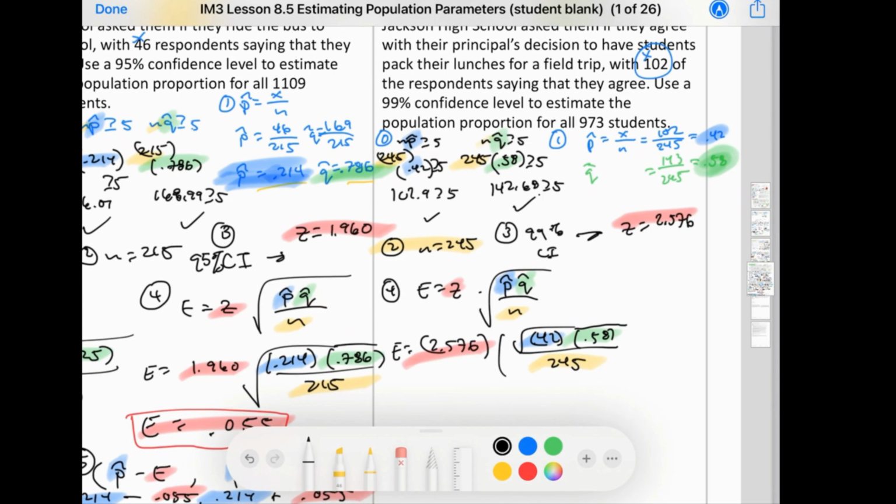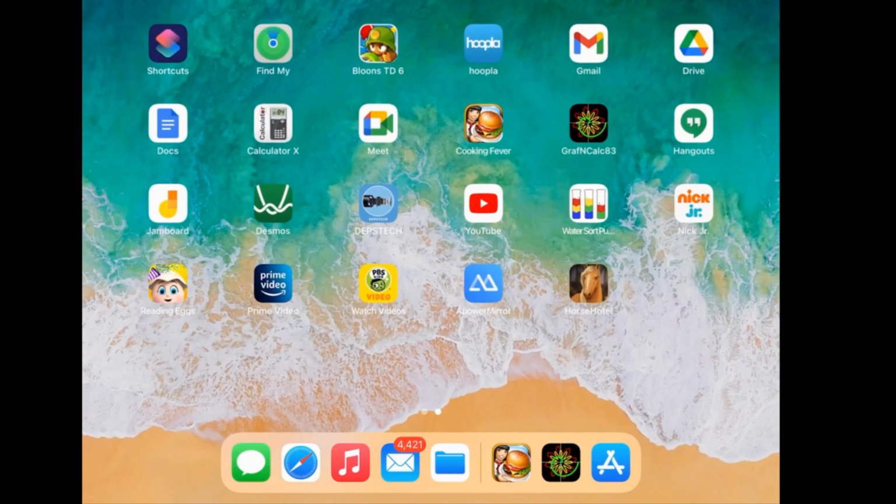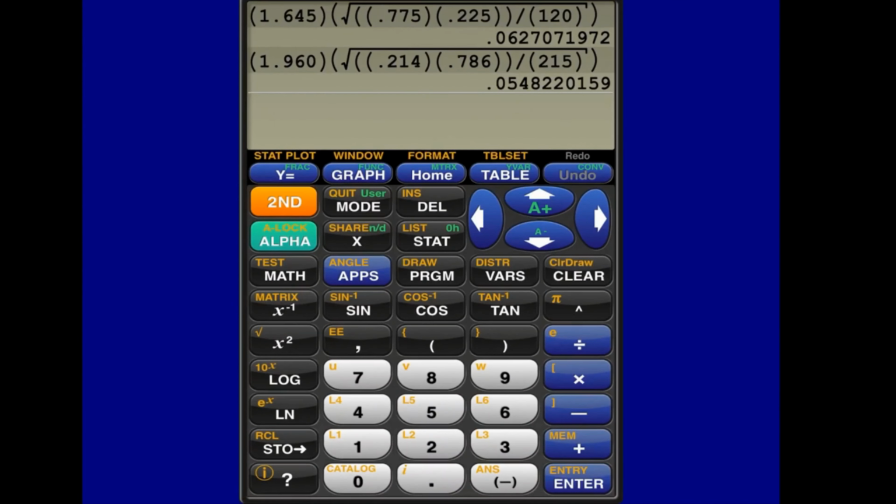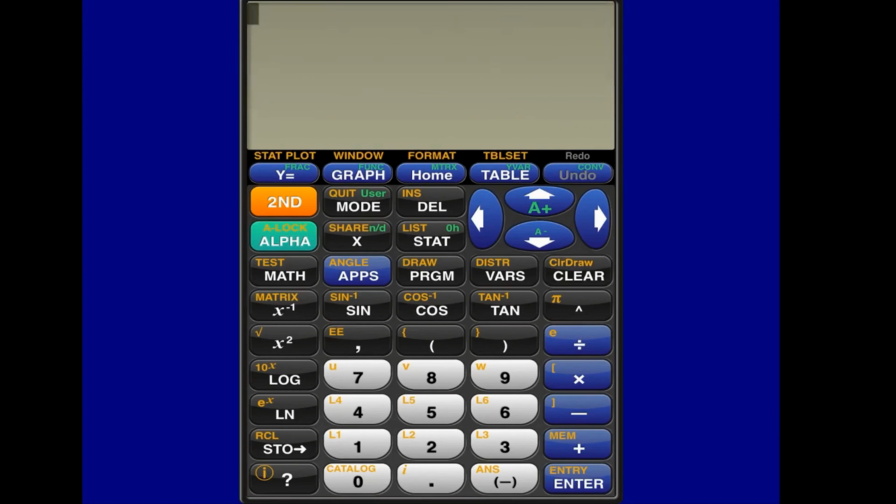Let's take a picture and put it into the calculator. You want to see me do it all at once? Sure. 2.576, parentheses, and then open the parentheses for the second part.